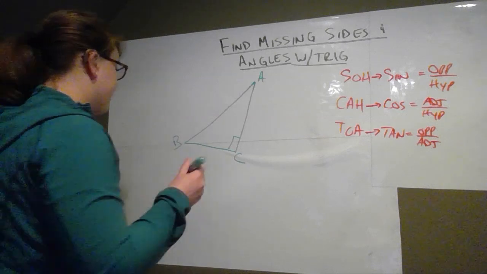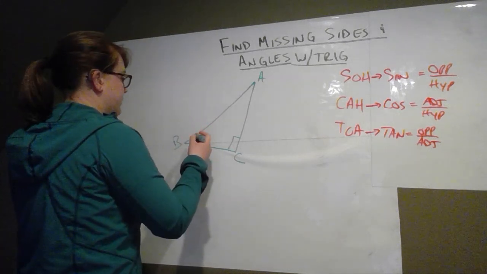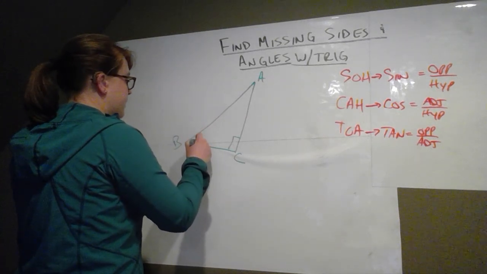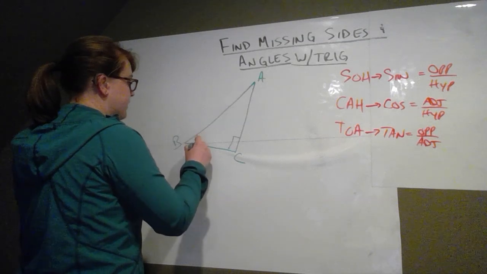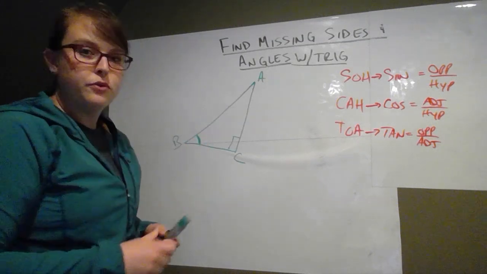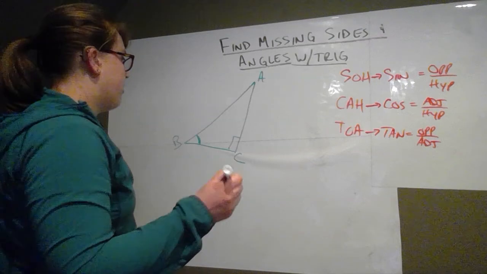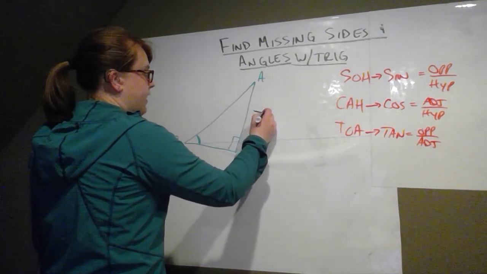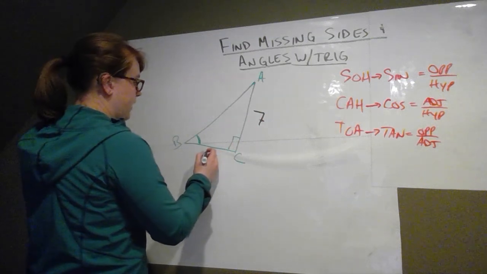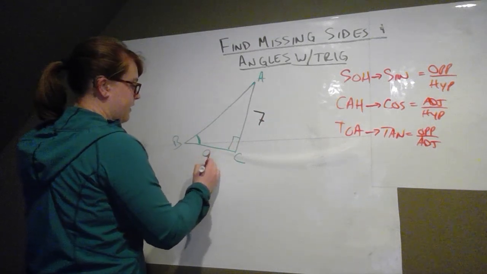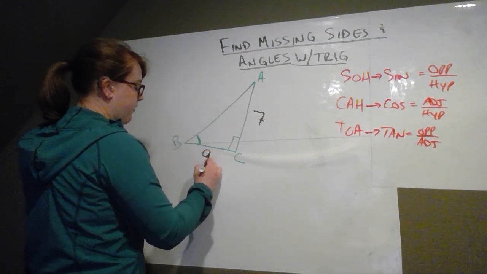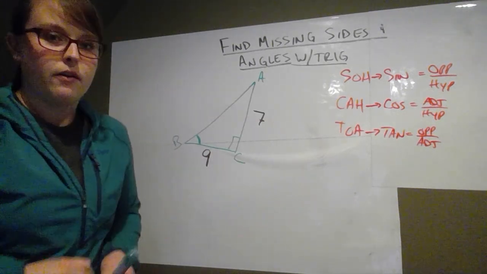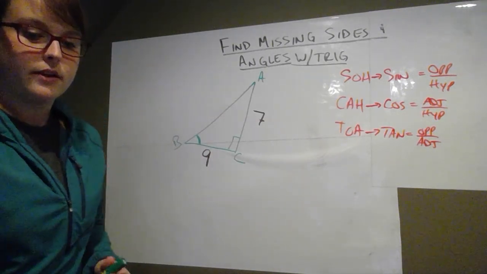We'll just solve for angle B this time. So I don't know what angle B is. And they're going to give you two of the side lengths. So maybe this is 7, and this side is 9. And we want to find angle B. Okay, so we have at least two side lengths, so we're good to go.